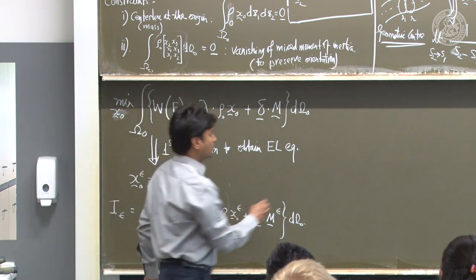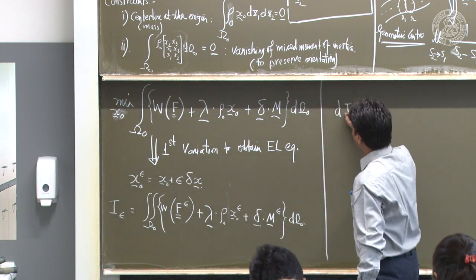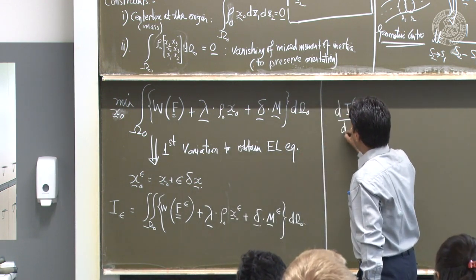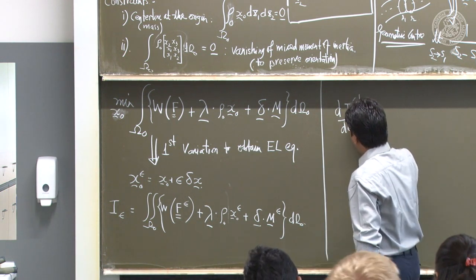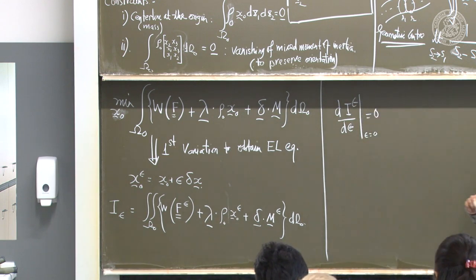and then you want to take the first variation, which is same as setting d I epsilon over d epsilon, and evaluate at epsilon equal to 0 and set this equal to 0. So that's the first variation. And how do we do that?